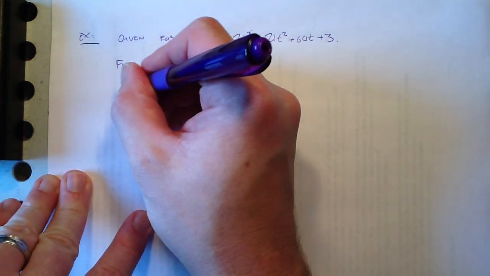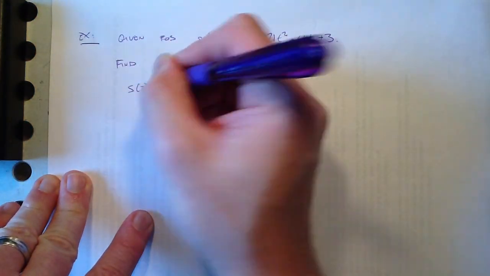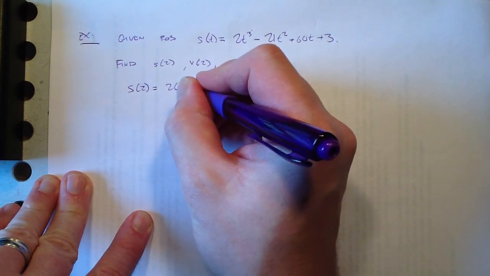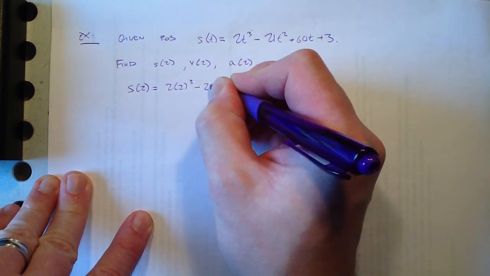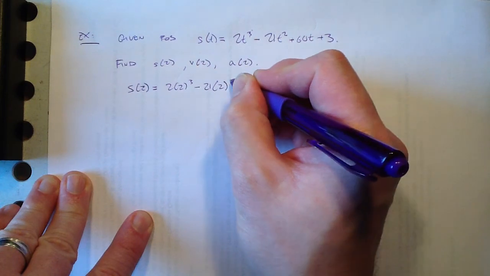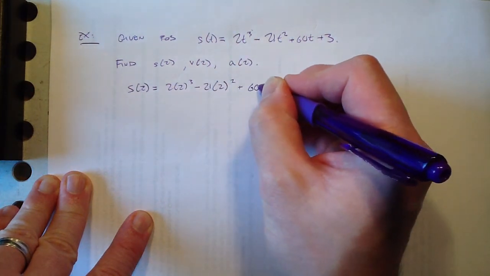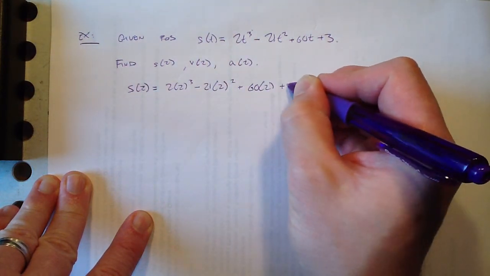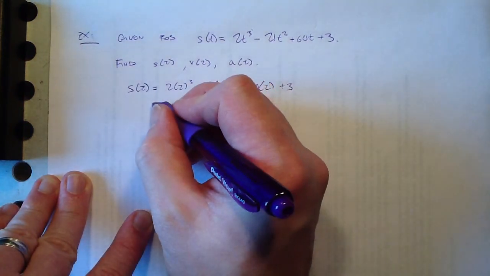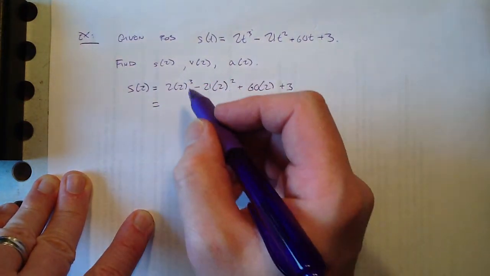Well, we have the position function, so that would just be s of 2. That would be equal to 2 times 2 cubed minus 21 times 2 squared plus 60 times 2 plus 3. And probably you'd have a calculator for this problem.